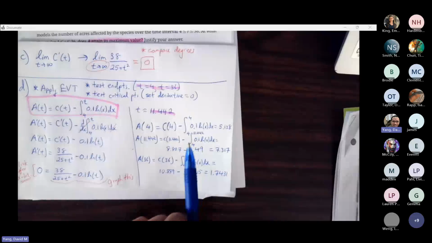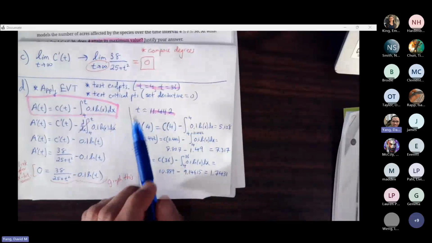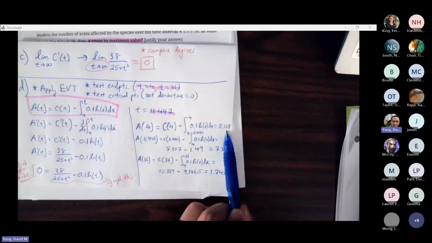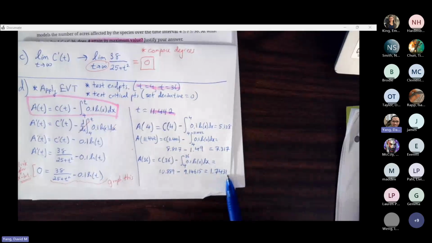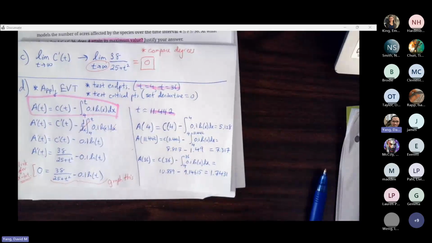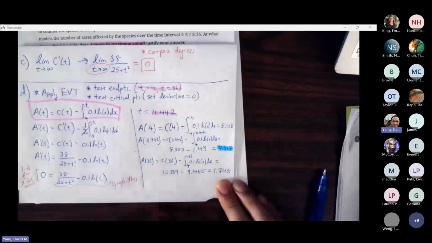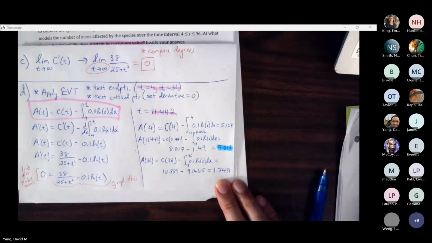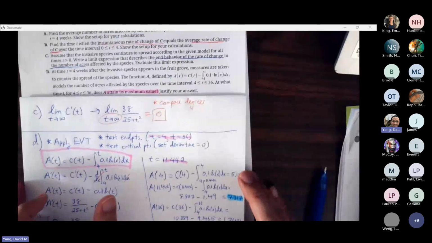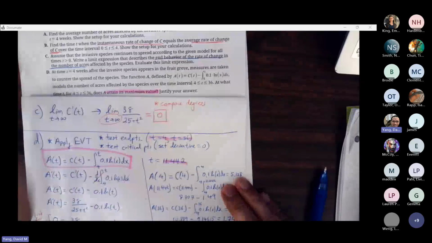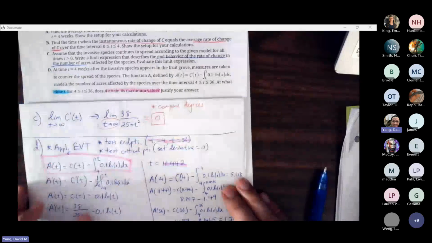So we're looking for the absolute maximum. So we're looking at 5.1 versus 7.3 versus 1.7. And the maximum that we see is going to be that 7.317. But the problem is not asking for the amount of acres impacted. It says find the time where the max occurs.